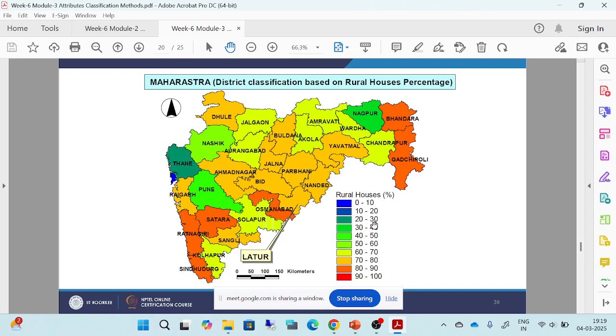So in the event of a natural disaster like an earthquake, such houses might be more susceptible to damage or total destruction. When you make such classifications, you can understand which areas are more susceptible to damage.